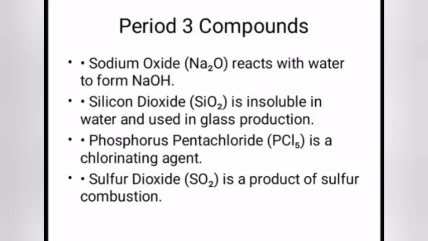SO2 is one of the raw materials for the production of H2SO4. They produce it by burning pure sulfur in air, and once they burn it in air, it gives sulfur dioxide. So these are important compounds from period three.